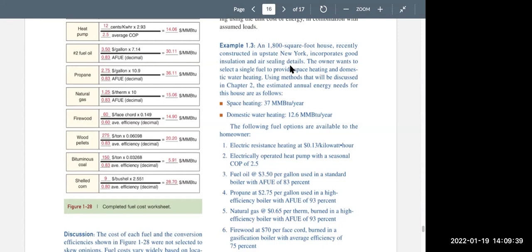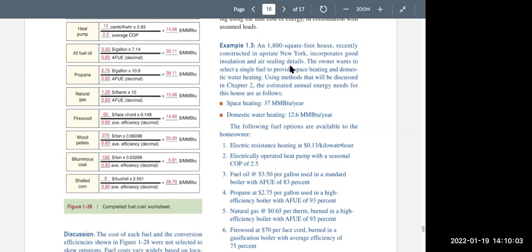So if you can determine, let's say you have a house and you use 100,000 watts a month, over 10 months, you're going to use 1,000,000 watts. And then you can take those watts and convert them into BTUs with a calculator.